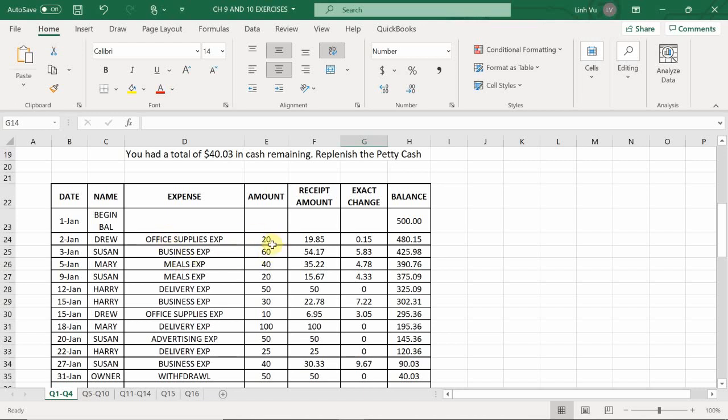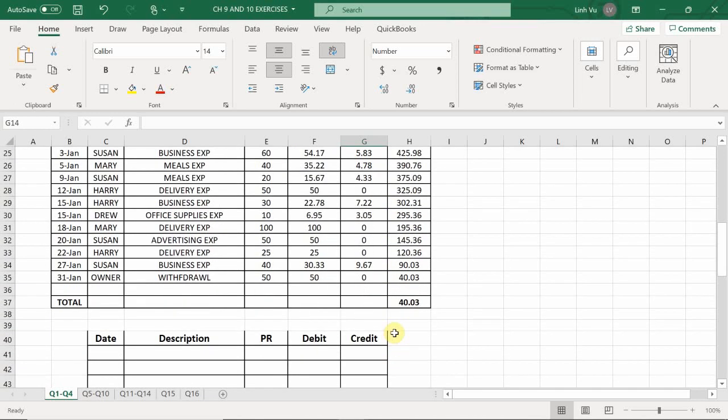Okay, and again, he borrowed $20 and gave back a receipt for $19.85 with the exact change of 15 cents. So here's the account balance at the end of the day.